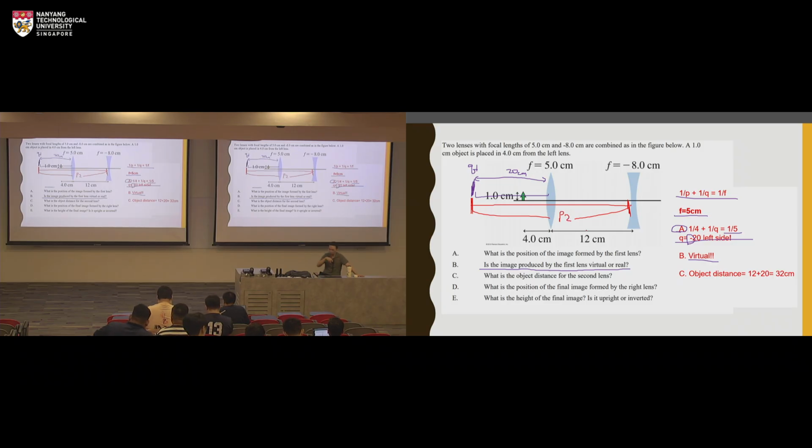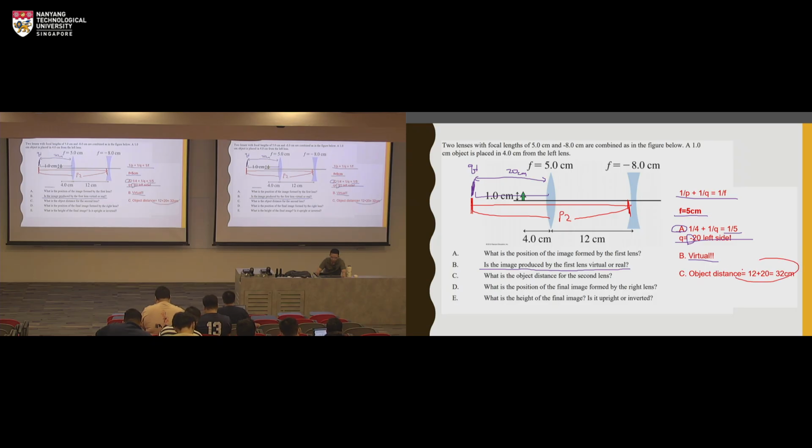Okay? So it doesn't matter where your Q1 is. Remember that the location of your Q1 always should equal the location of your P2. So the most important hypothesis is that your image from your first system should be your object in your second system, right? So this becomes your P2.